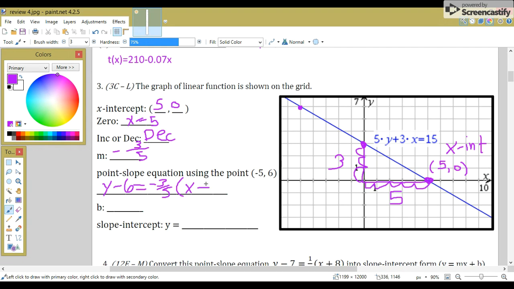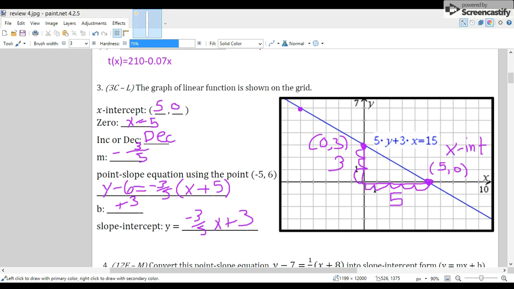The two negatives make a positive, so x plus 5. And your b, your y-intercept, let's go ahead and label that point. We have 0, 3. So b is plus 3. So your slope-intercept form, y equals mx plus b, is y equals negative 3/5 x plus 3. And that's your slope-intercept form.